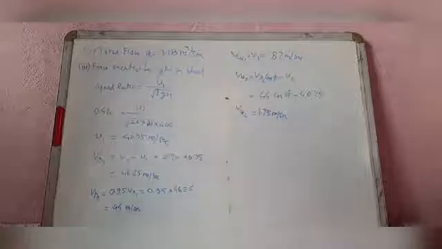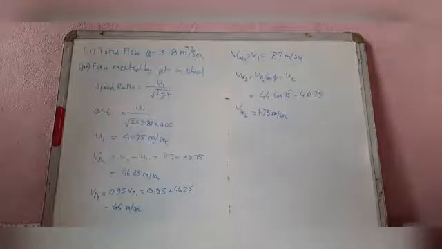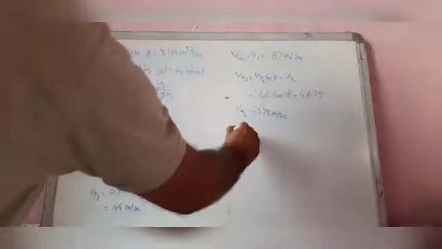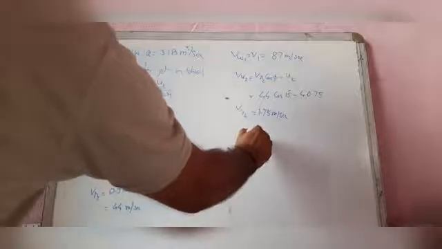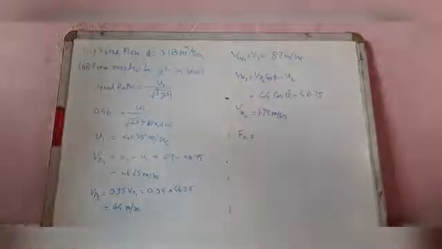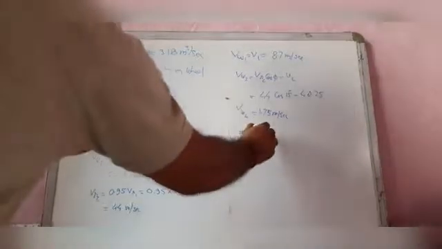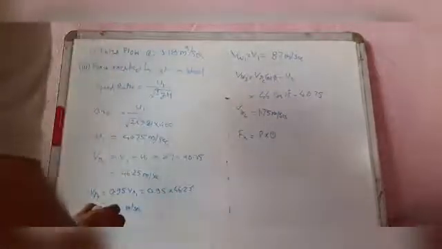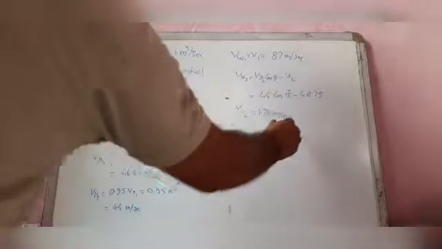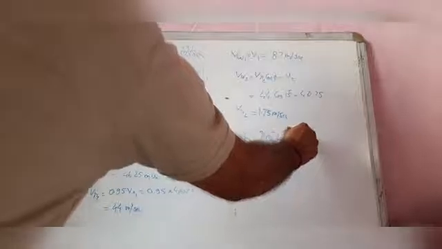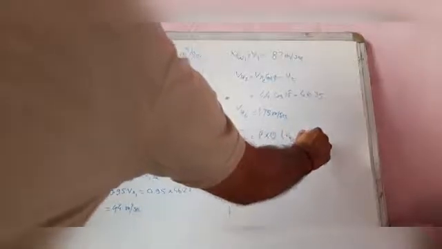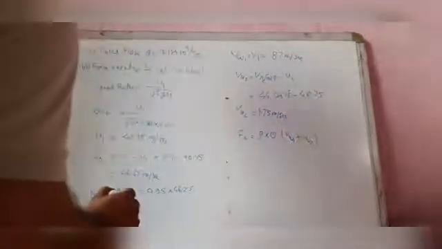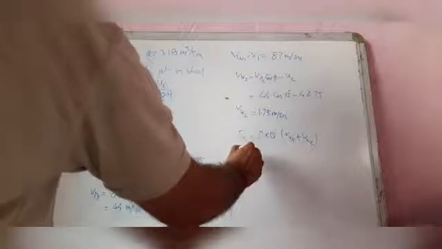So force exerted by a single jet on the bucket Fx equal to rho Q into VW1 plus VW2, putting the values here.